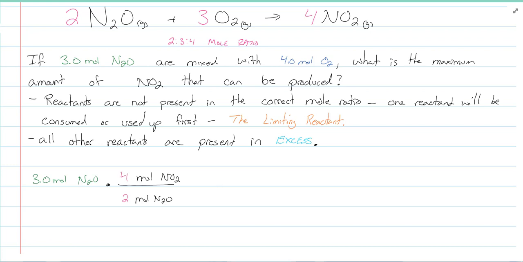So it looks like we produce 6.0 moles of NO2 with our 3 moles of N2O. So with our 3 moles of reactant, we can produce 6 moles of product because it's a 2 to 4 ratio. Makes sense.